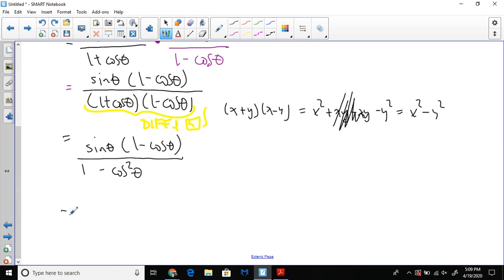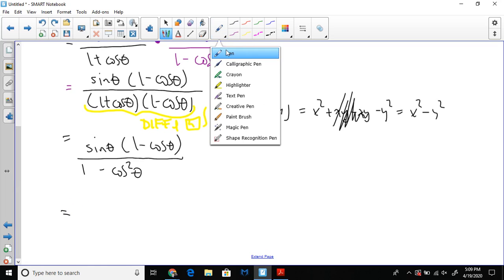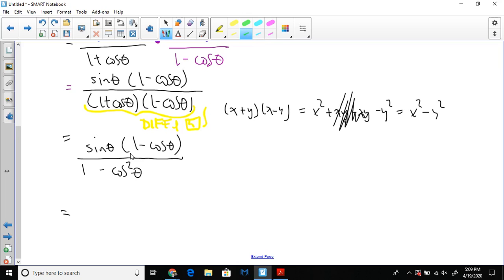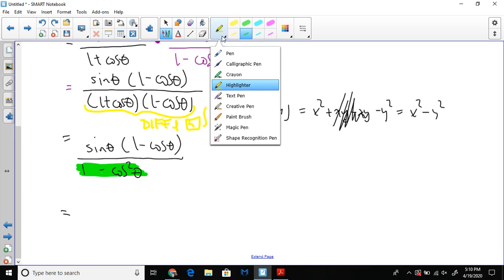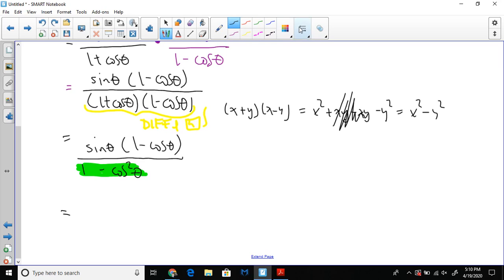And then you're like, well, where's my identity? Now I get to actually use an identity. This, if you remember from the previous question, is equal to sine squared. So I'm going to have sine theta, 1 minus cos theta, all over sine squared theta.